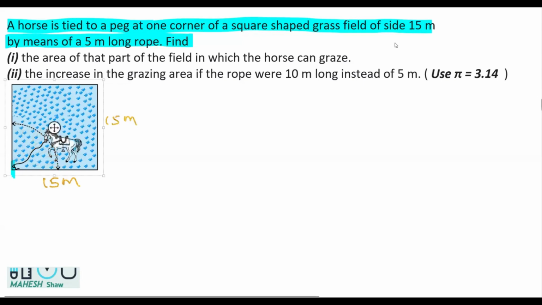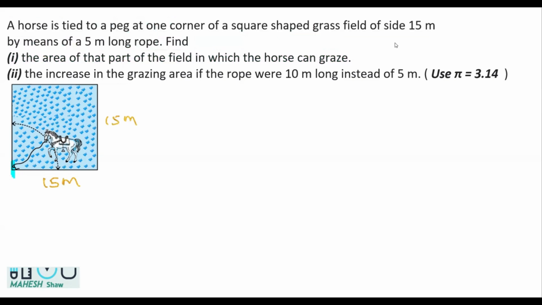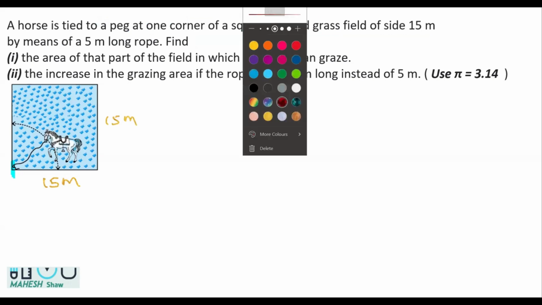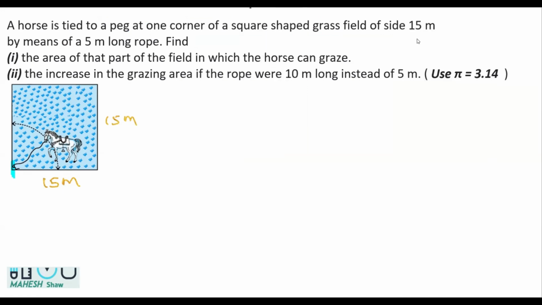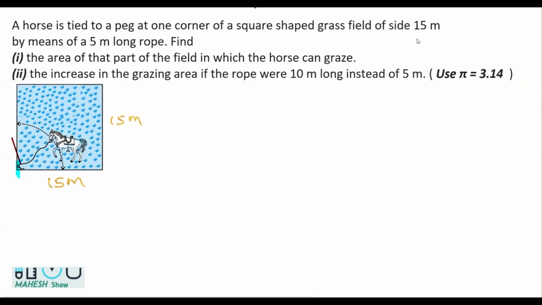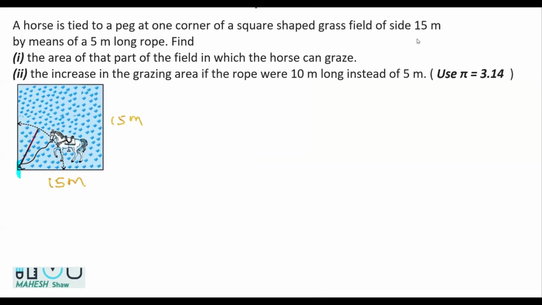Now, what we have to find out is the area of the part of the field which it can graze. Although it's a square field, we assume that the horse, using that rope, can move a complete circle, like this. But as you can see, the grazing area has to be this only, because only this part.